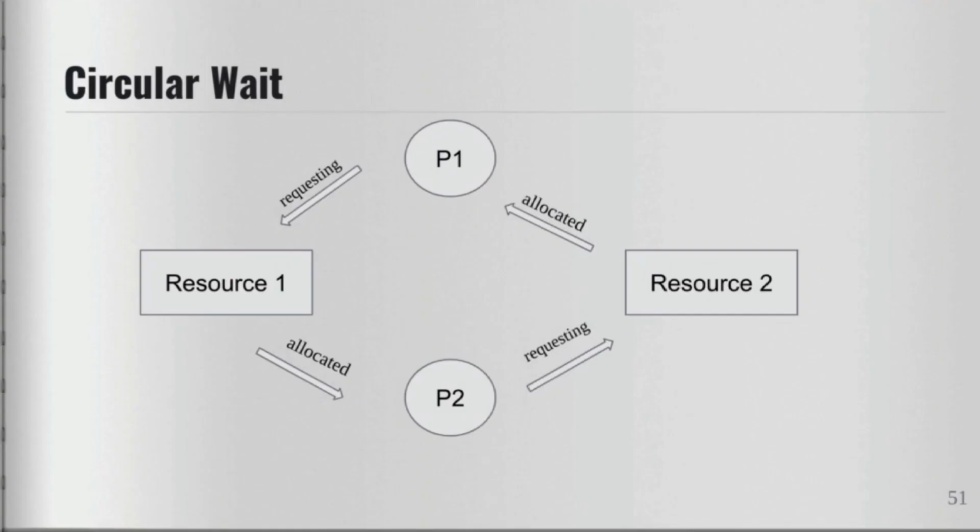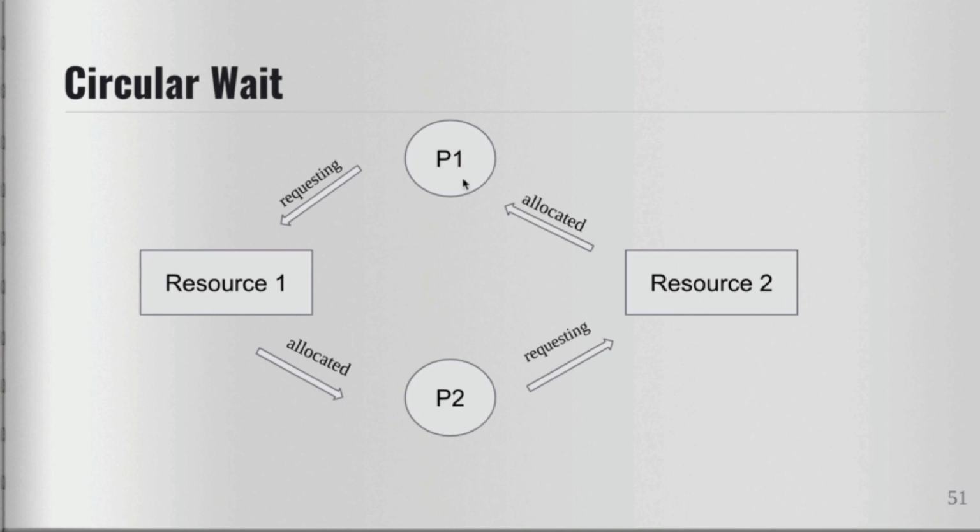Okay, so in circular wait, one process is requesting a resource that is held by another process and vice versa. Let's say that P1 currently has resource 2 and is requesting resource 1. Now resource 1 is actually being used by P2, and P2 is requesting a resource that is being used by P1. So it's like a circular loop.